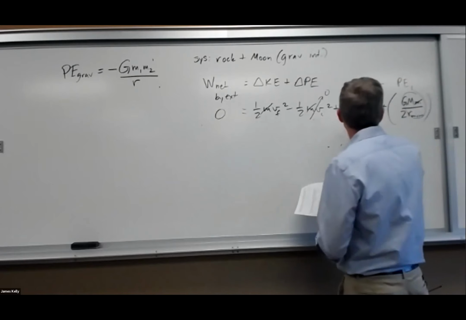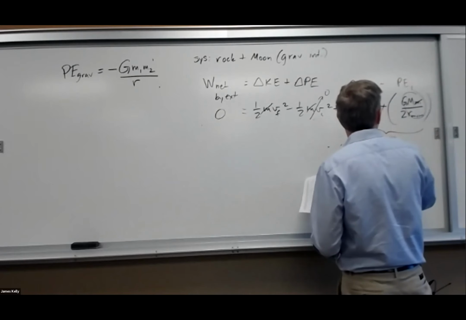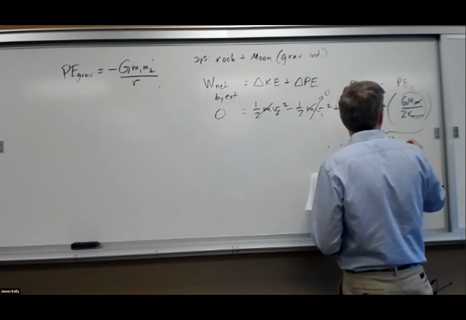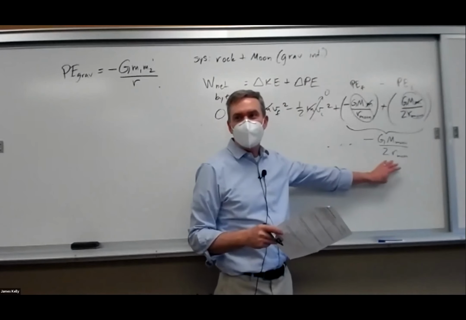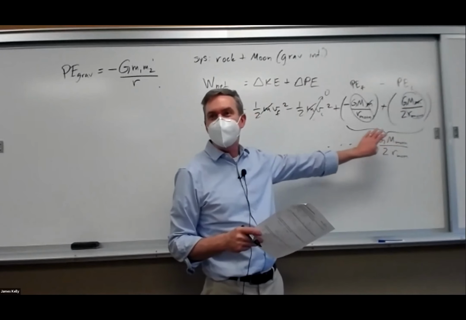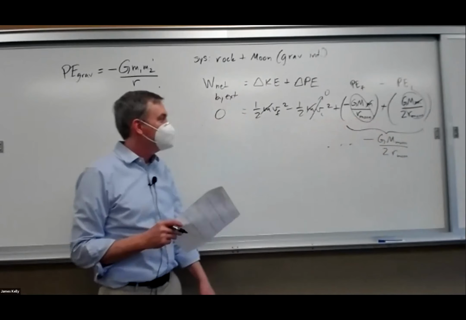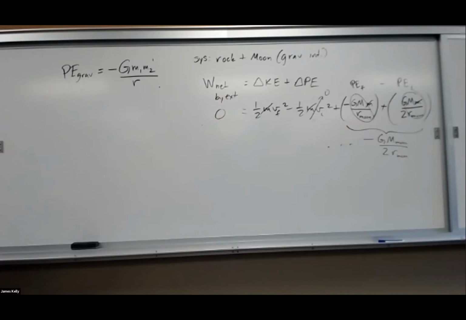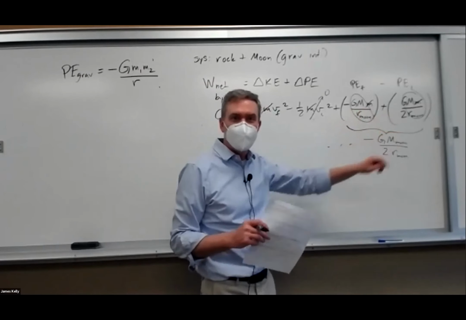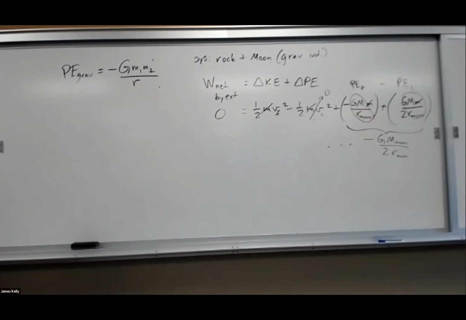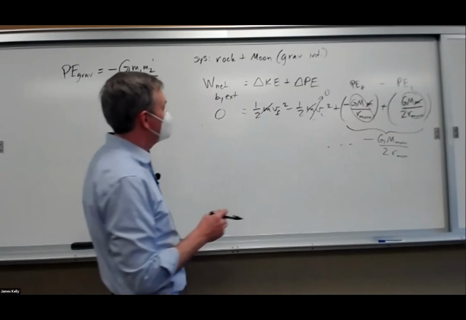So this all simplifies down to minus G times the mass of the moon divided by 2R moon. That was worth that mental effort because I don't have to type all those stupid scientific numbers into my calculator over and over again. But make sure you show your work, because if you mess it up, I don't want to take off tons of credit on the exam because you just missed some weird algebraic step.